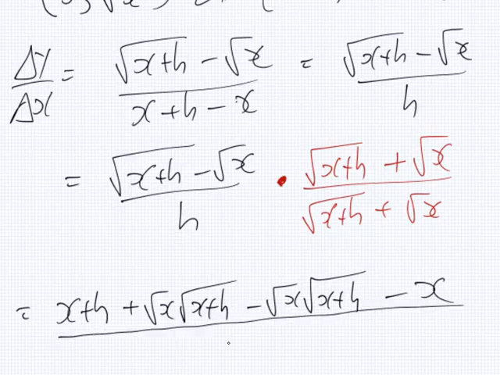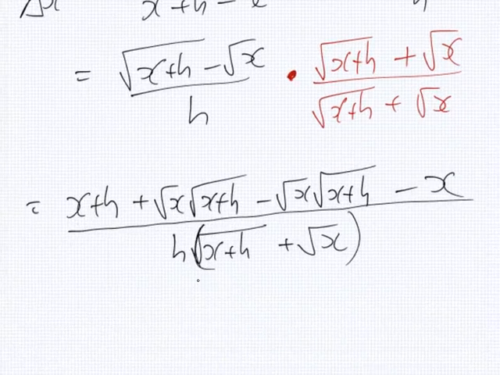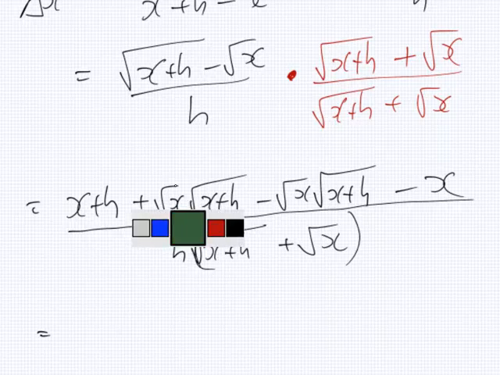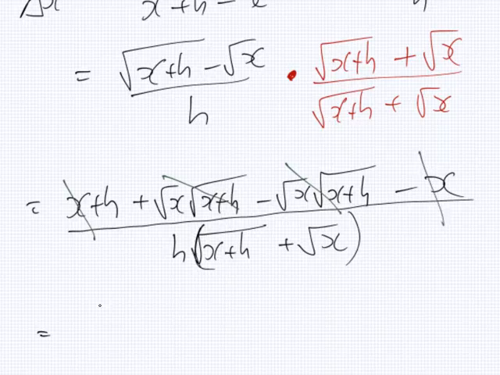And then on the bottom, I'll get h multiplied by root x plus h plus root x. Now, quite good because on the top, more than two things cancel: this cancels with this, and x cancels with x. So I'm only left with h over h multiplied by root x plus h plus root x.